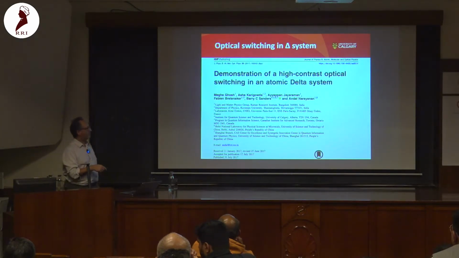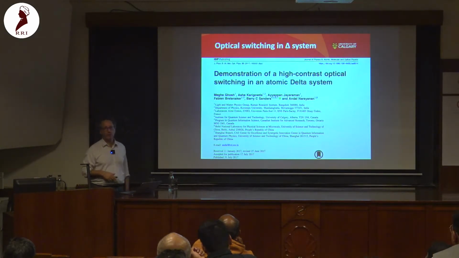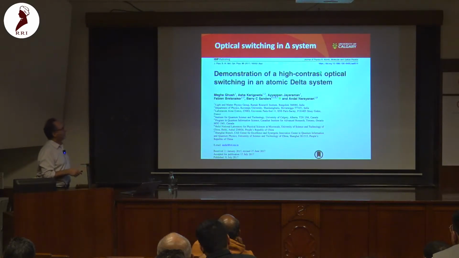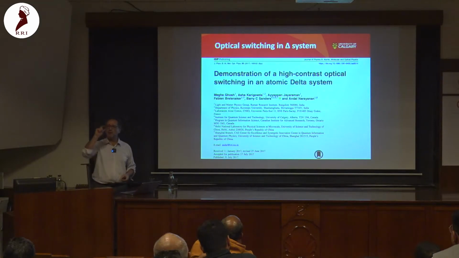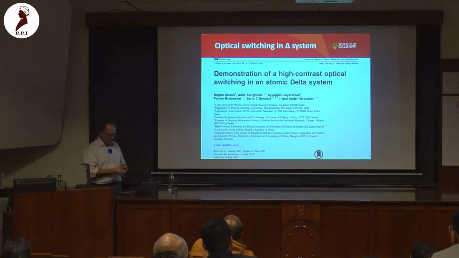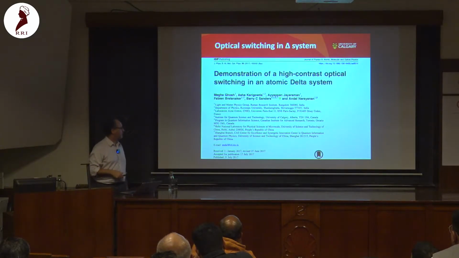I got demoted here to second last author, and Andal appropriately is last author. And then this one, we pushed further where we wanted to be able to control the switching. So we turned the microwave field phase. By controlling the phase of the microwave field, we can jump back and forth, so we can make an optical switch. So that was kind of fun.